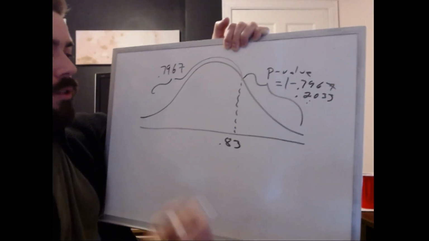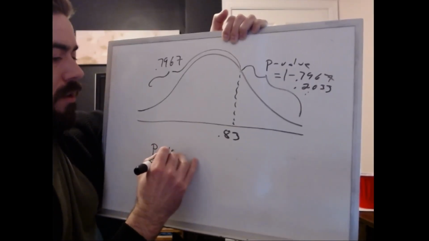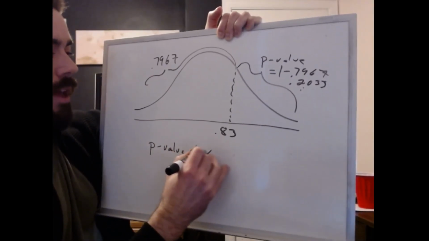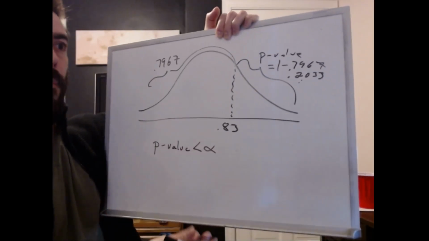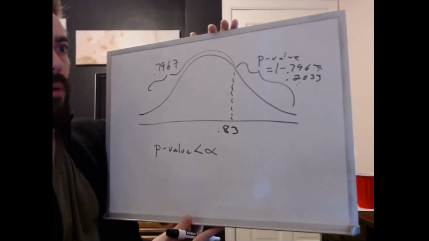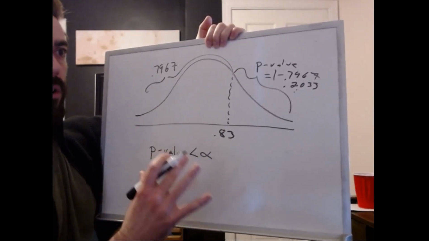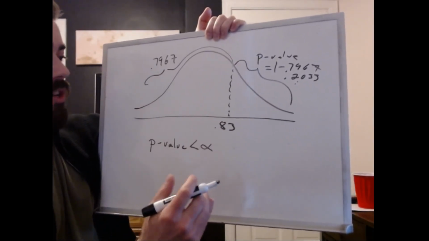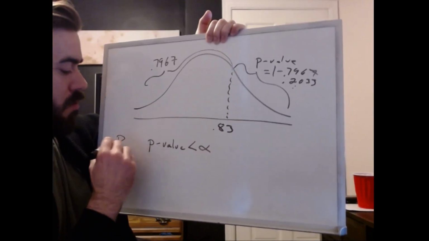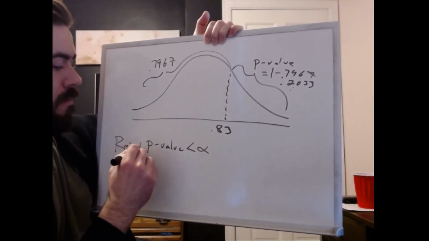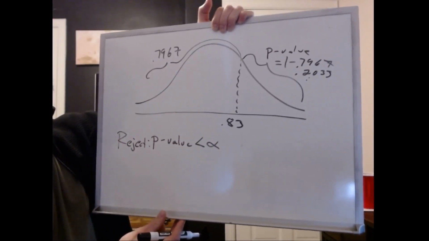Remember, we only reject if the p-value is less than alpha. I know the problem didn't ask for this, but I said there will be a short answer component of this exam, and you're going to have to work through a hypothesis test on your own and eventually get to a rejection decision. So I only reject if the p-value is less than alpha.